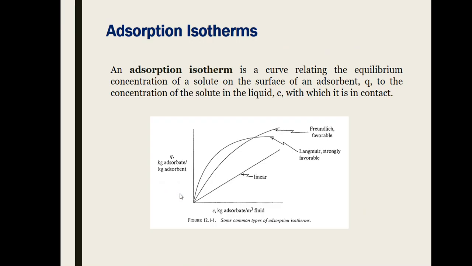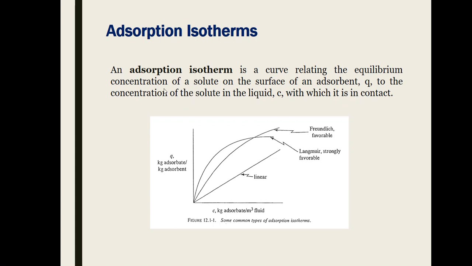Now, what is common in adsorption is the topic we call the adsorption isotherms. These are curves relating the equilibrium concentration, take note, equilibrium concentration of the solute, meaning no mass transfer anymore will occur at this point, on the surface of the adsorbent, Q, to the concentration of the solute in the liquid, C, with which it is in contact.